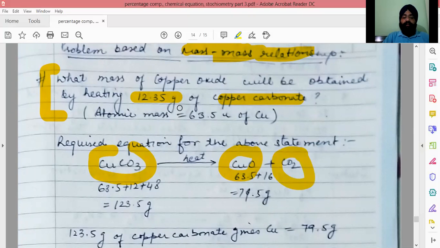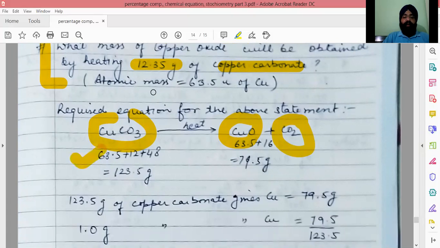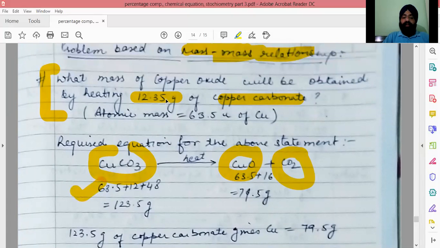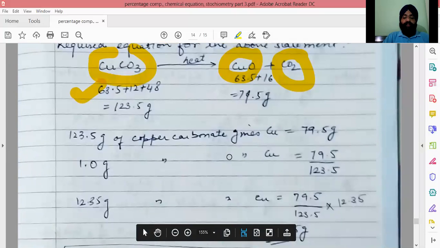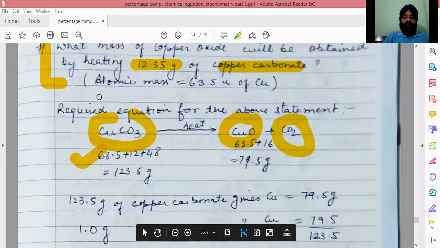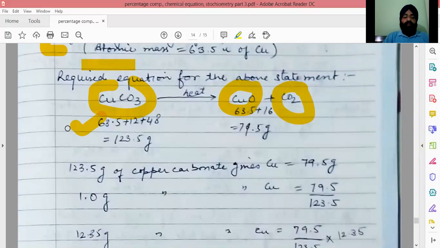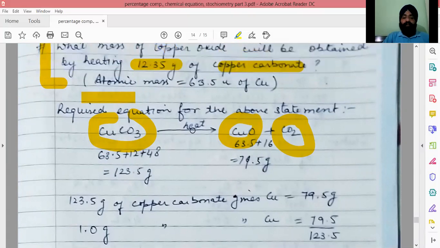Now the second step is to write what quantity is given. The copper carbonate mass is given, so we'll write copper carbonate mass, which is 12.35. And then the third step is to calculate the atomic or molecular masses of the different species under consideration.